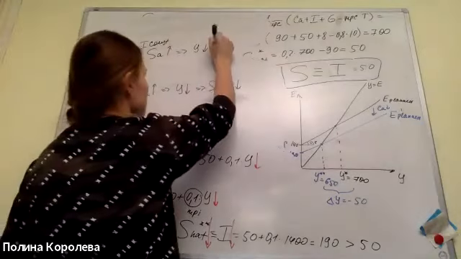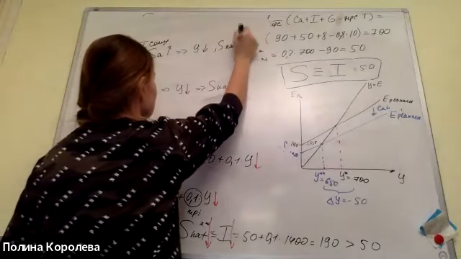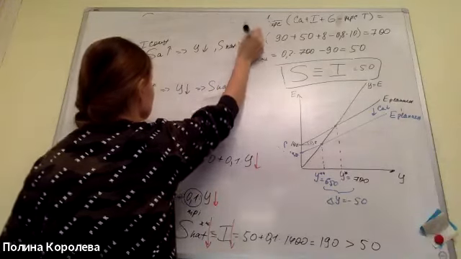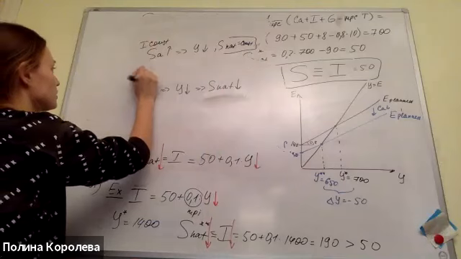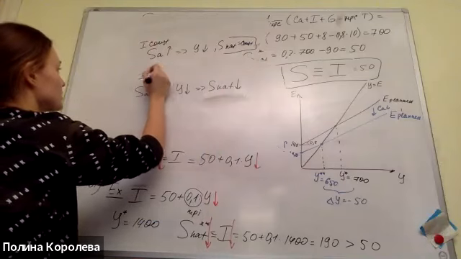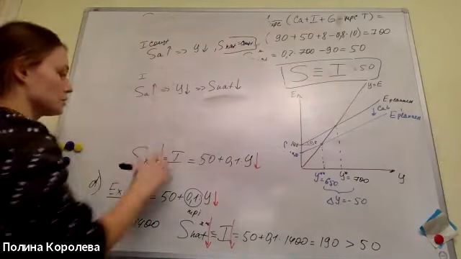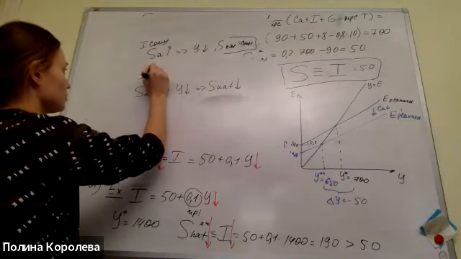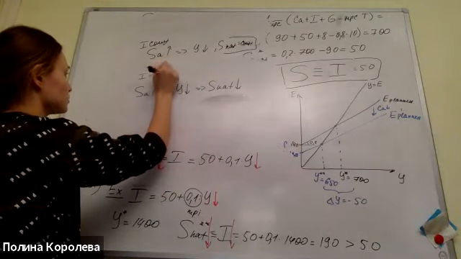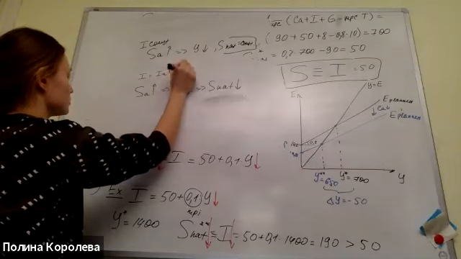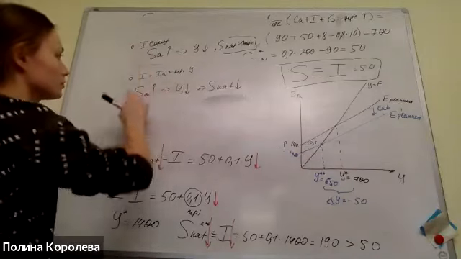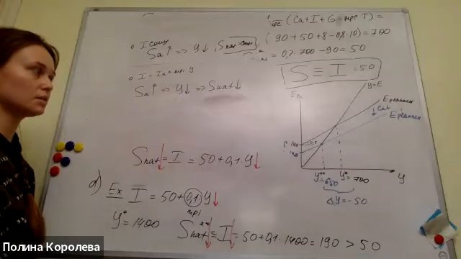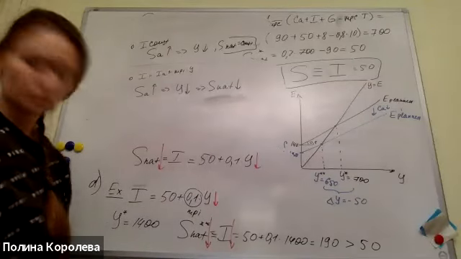But national savings are constant. But now, when investment depends positively on GDP, national savings became lower. What does that mean?